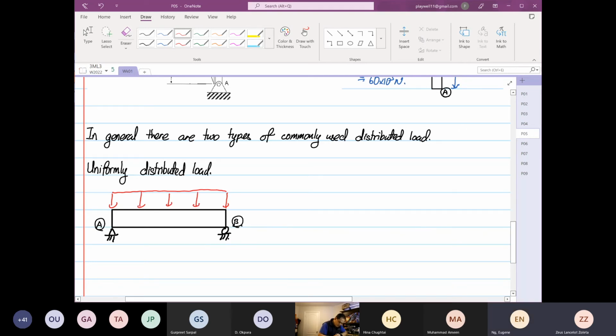Okay, and you are given that this is omega Newton per meter.